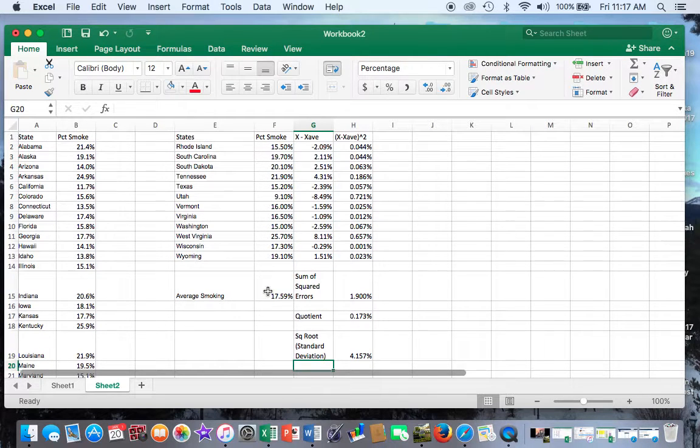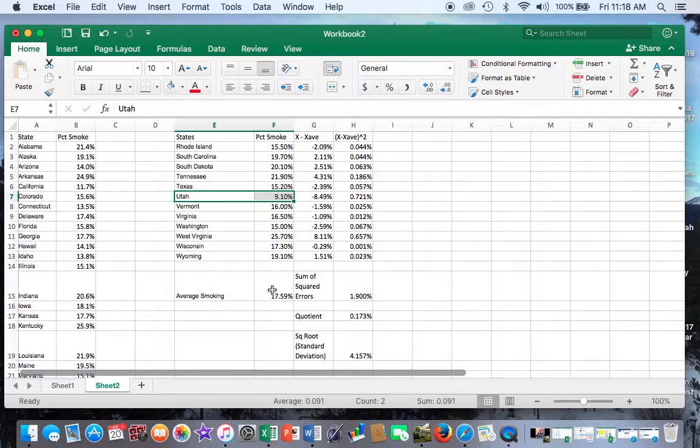If the mean is 17.5, if we were just trying to eyeball them a little bit, you would notice that the highest observation is about 8 points higher than that at West Virginia at 25.7. The lowest is Utah at 9.1. So our range is around 16, and our standard deviation is around 4, centered around 17.5.